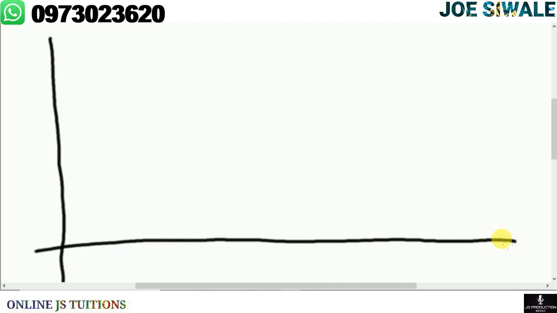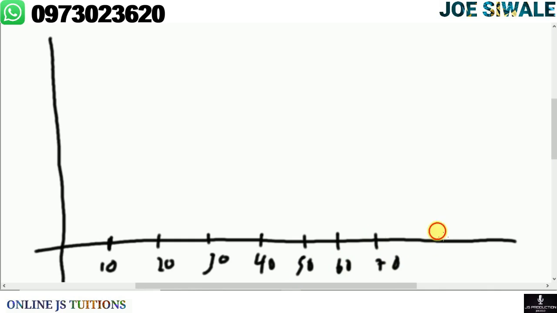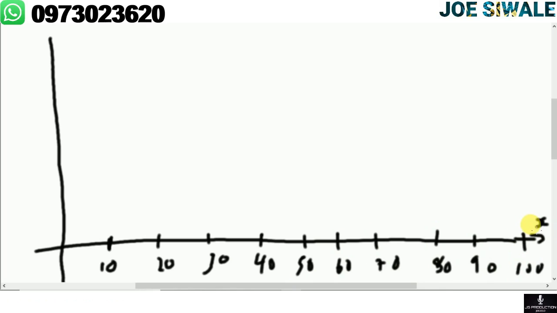So the horizontal scale, we have been told 2 units must represent 10. So I have 10, 20, 30, 40, 50, 60, 70, 80, 90, then I have 100, and this is my x-axis.